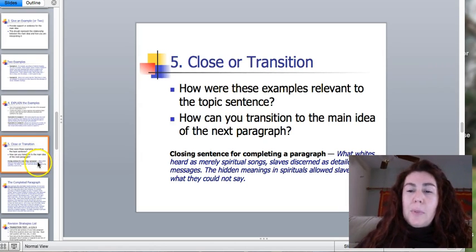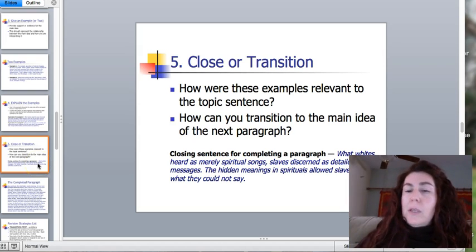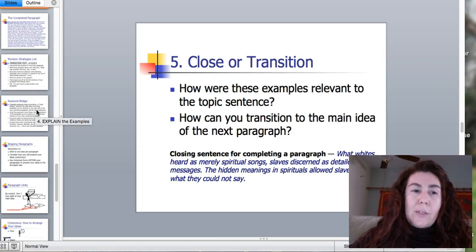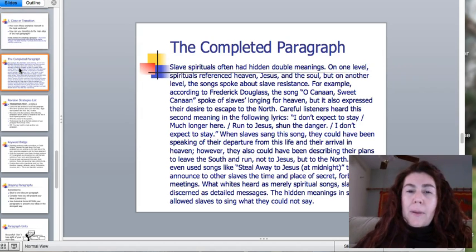So in my example, while white people heard songs, slaves were actually hearing hidden messages that allowed them to sing what they were not free to say, as far as making plans to meet or plans to run away up north. So my completed paragraph looks like this. If you'd like to read it, feel free to pause the video and read the example.